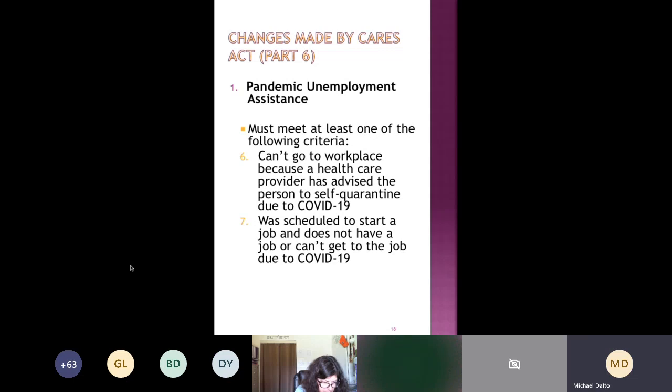But if you have asthma, you have heart disease, you're 70 years old, and you're working in a job that you have to go to, you can't work remotely, and your healthcare provider says you have to quarantine yourself, you cannot go to this workplace or you are risking death, then I think, particularly if you get a letter from the healthcare provider, that might provide you with good evidence that you'd meet condition number 6.